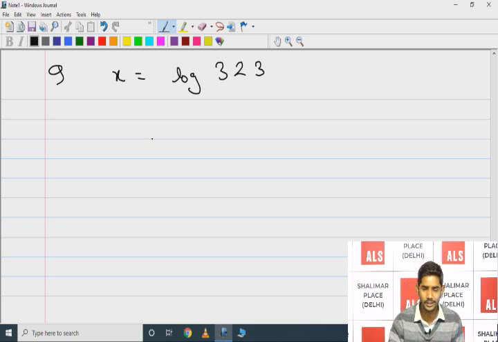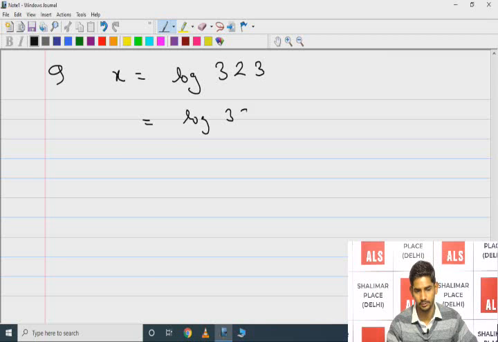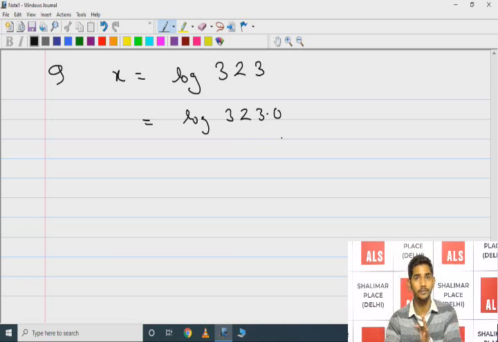Here in 323 there is no decimal, but I can write this number like this, 323.0. Guys, look at the screen. Now what you have to do? You have to shift the decimal.